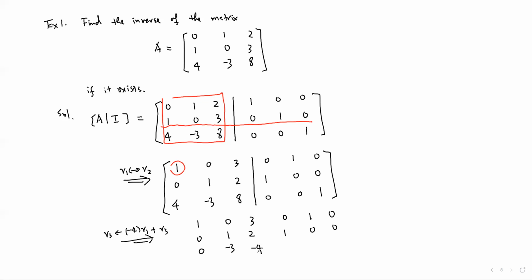Then on the right: -4 times 0, add to 0, 0. -4 times 1, add to 0, -4. And -4 times 0, add to 1, 1.